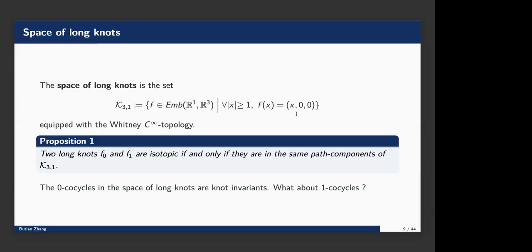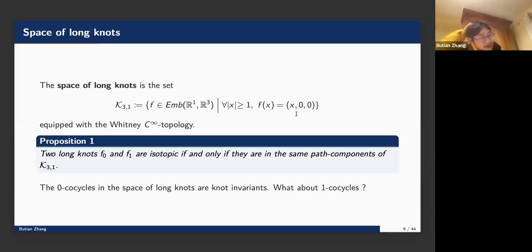Maybe I should say that here we have asked that outside the unit interval, it is always the standard embedding of the x-axis. So for each point, there's no problem of compactness.